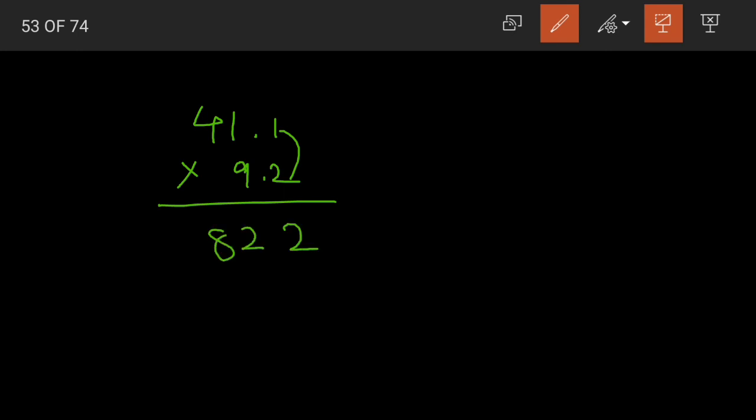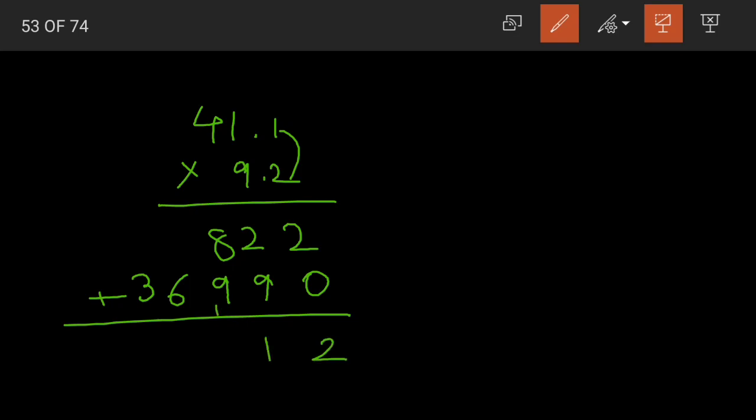Now coming to multiplication, say 41.1 into 9.2. First multiply them as whole numbers. 2 1s are 2, 2 1s are 2, 2 4s are 8. Then placing a 0, 9 1s are 9, 9 1s are 9, 9 4s are 36. When we add, 2, 11, 18, 7 and 3.